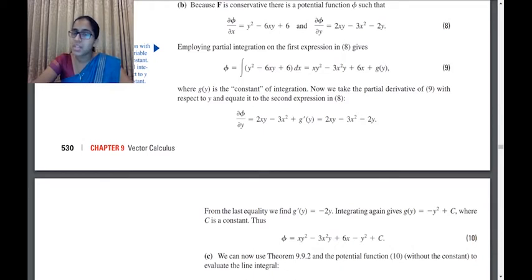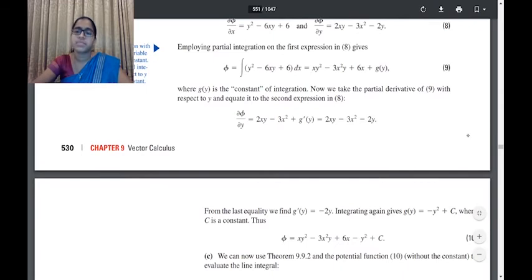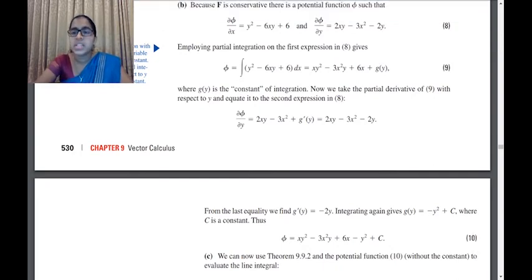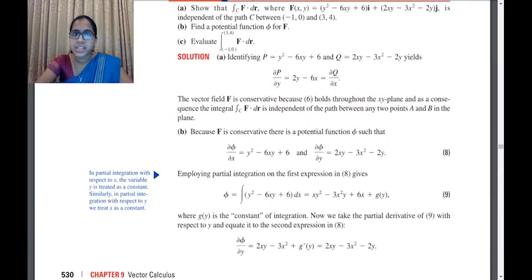So what will be the value of φ? φ will be xy² − 3x²y + 6x + g(y), which is nothing but −y² + c. So φ is xy² − 3x²y + 6x − y² + c. Now let's see the second part of this example.